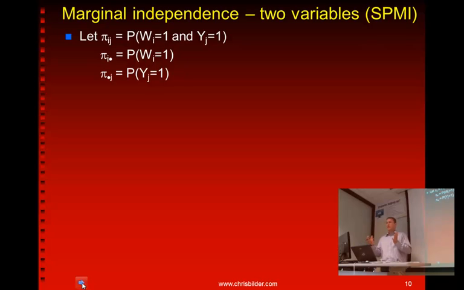In other words, it's just a joint probability between a row item and a column item in my table. Pi sub i dot just focuses on a particular row item. Pi sub dot j just focuses on a particular column item.